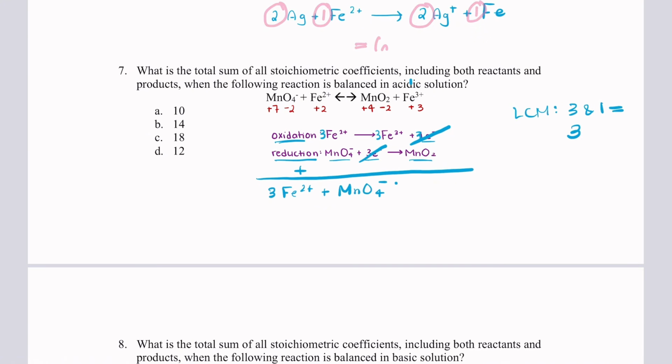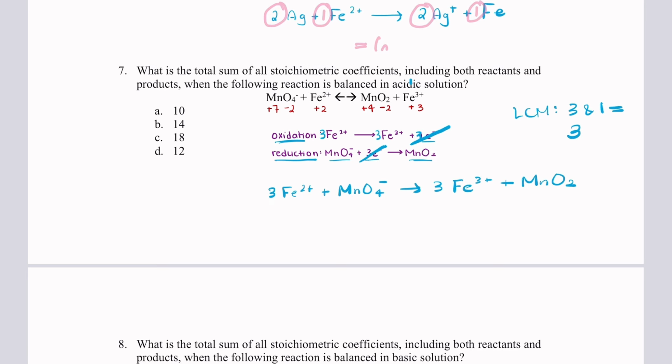We're left with the following reaction. We have permanganate plus 3 iron 2+ yields manganese 4 oxide plus 3 iron 3+.